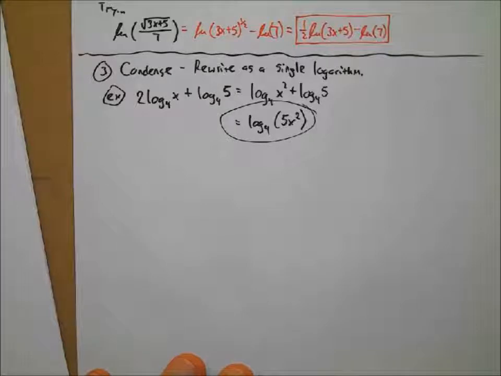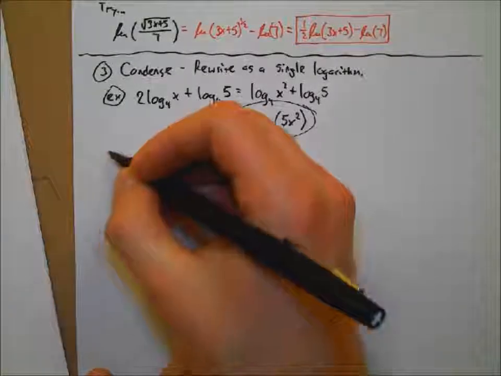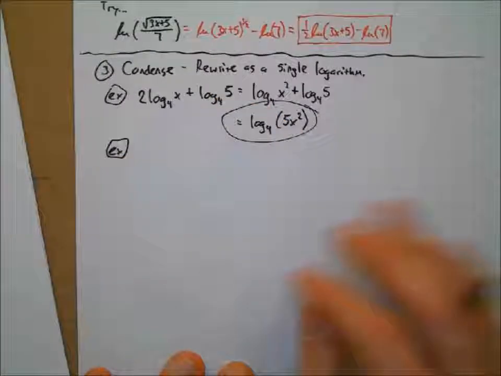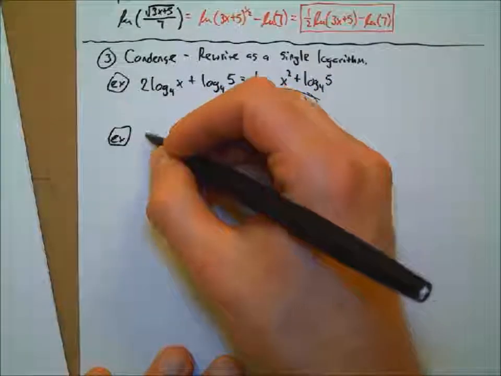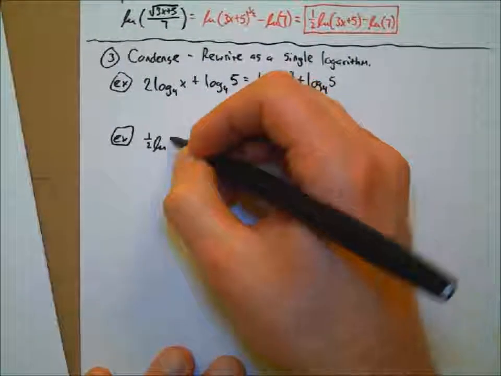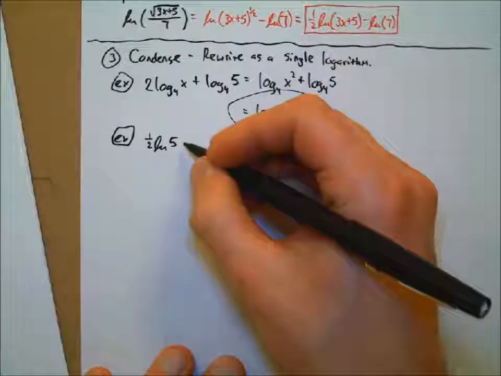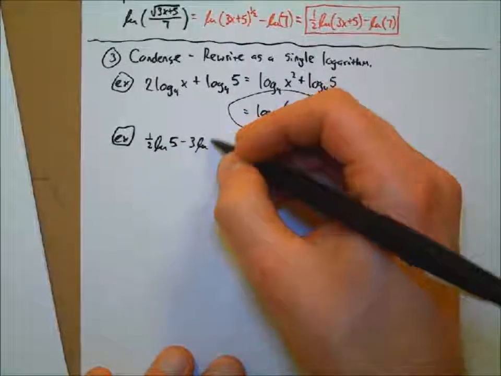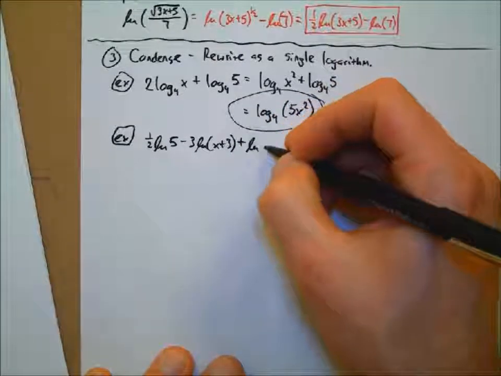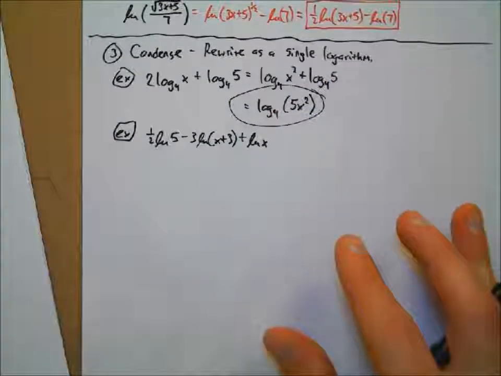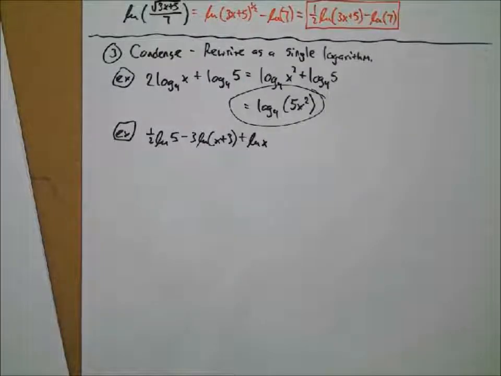All right, one more here, and then I'll show you change of base. 1/2 natural log 5 minus 3 natural log x plus 3 plus natural log x.